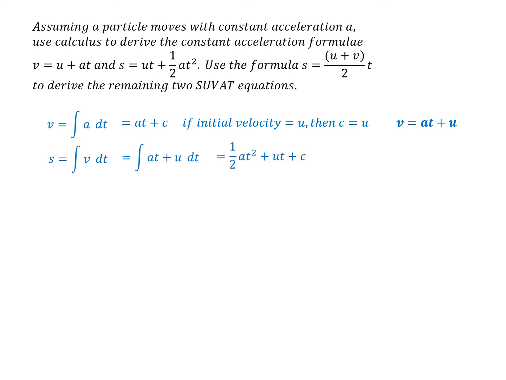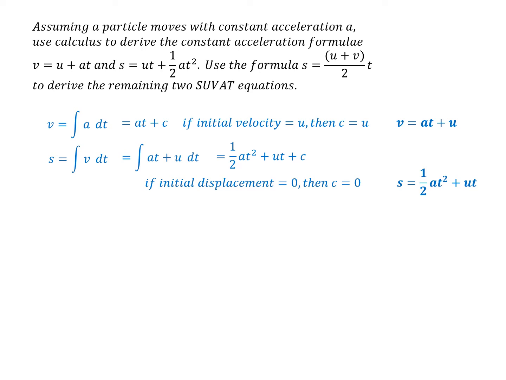So the integral is half at squared plus ut, and then we get another constant of integration. To find out what that is, we assume that the initial displacement is 0. So then that makes c equals 0 and s equals half at squared plus ut. I'm so used to saying it the other way around.